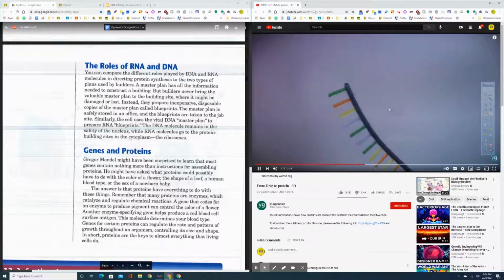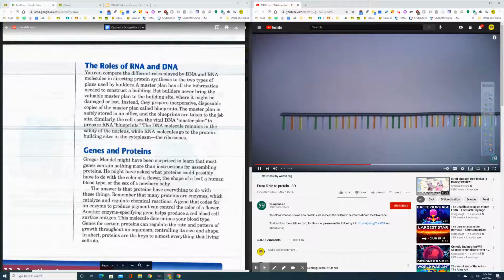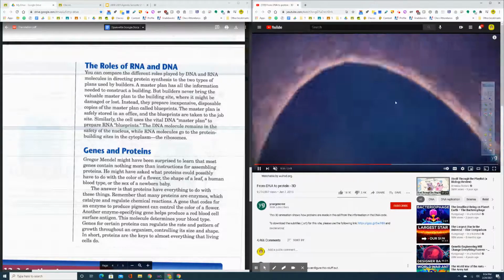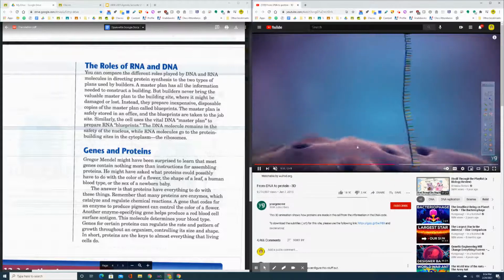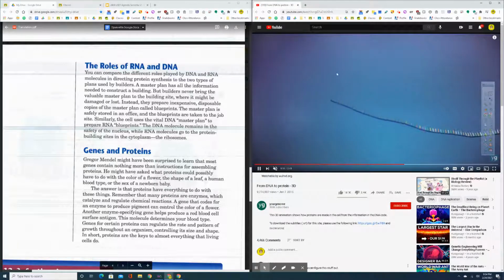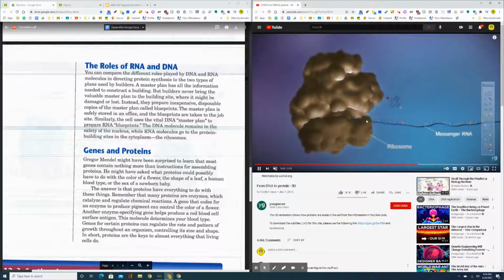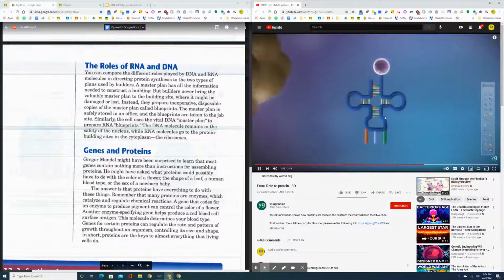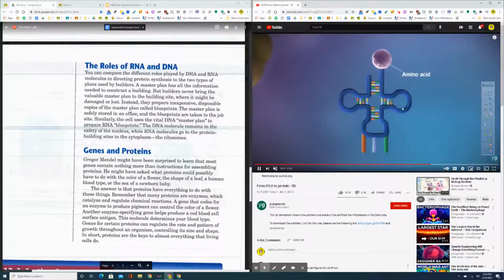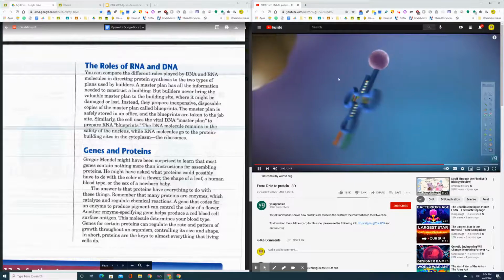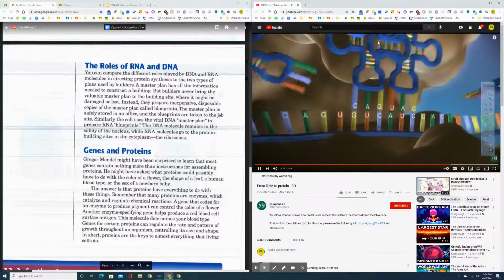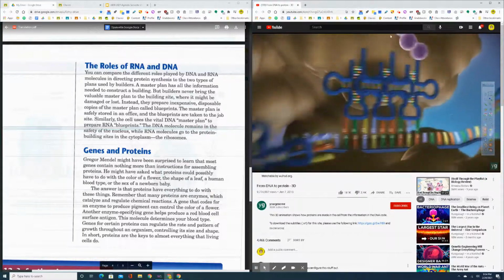Okay, that's very important. And so now this master plan is being copied. This inexpensive blueprint, called messenger RNA, is a copy of that master plan. Sometimes it gets edited and then it leaves the nucleus, because remember that's where the DNA is housed. It goes to the construction site, the ribosome, and the ribosome attaches to the messenger RNA, and the tRNAs start bringing these amino acids, the material that the ribosome needs to connect, and it starts to connect those amino acids as they come in.